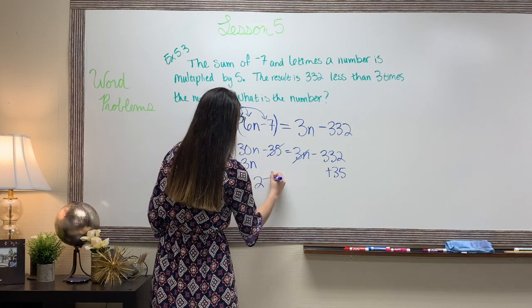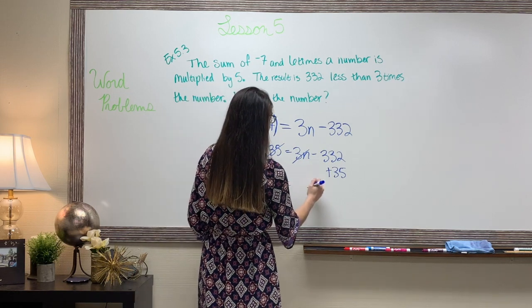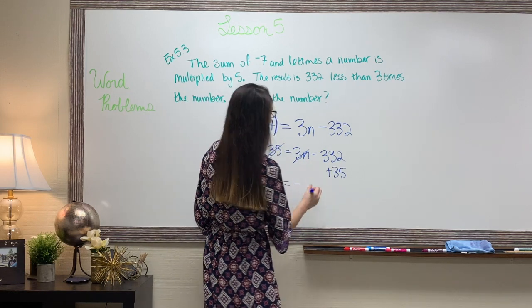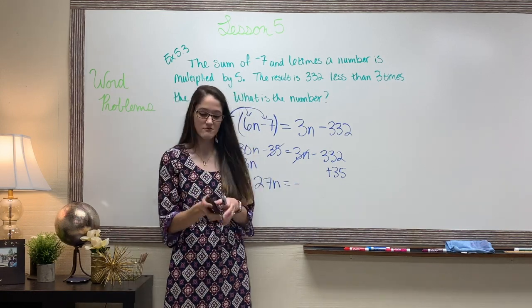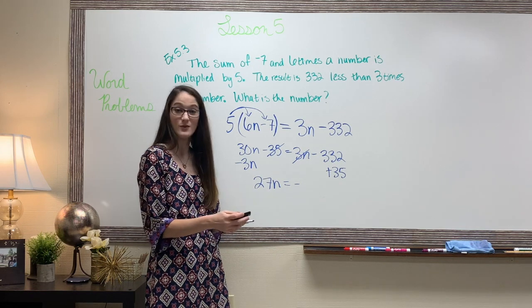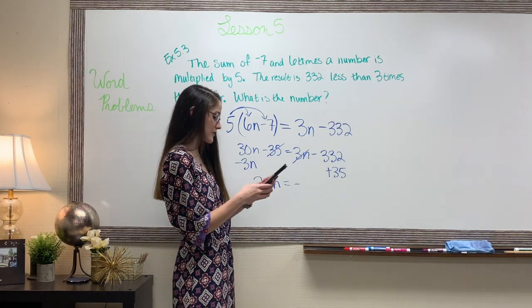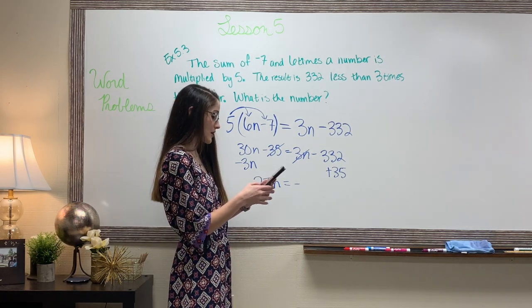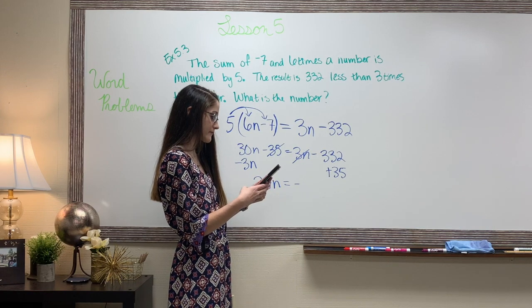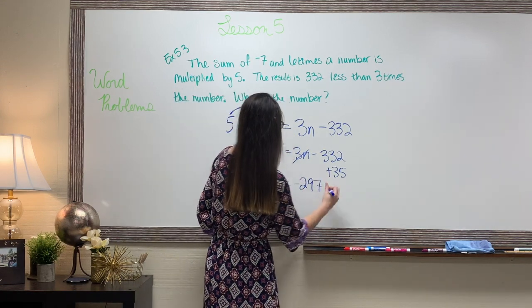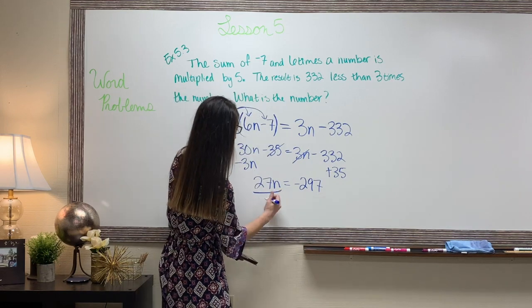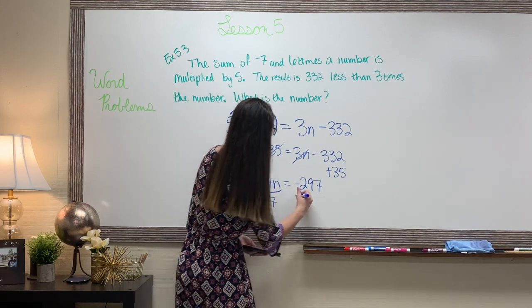And we're going to get 27n equals negative, and I'm going to get my calculator out because I don't feel like doing this stuff mentally today, and that's okay. That's why we have calculators. So we have negative 332 plus 35, and it's negative 297. Okay, and now we still got to get n by itself, so we're going to divide by 27.